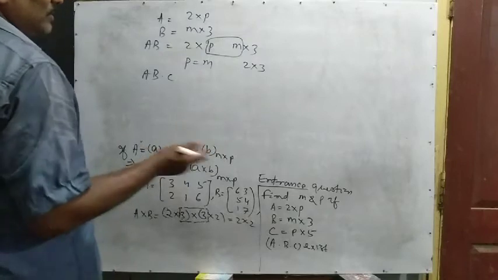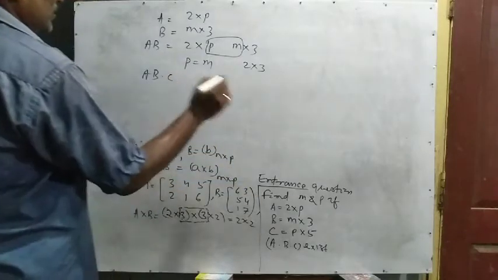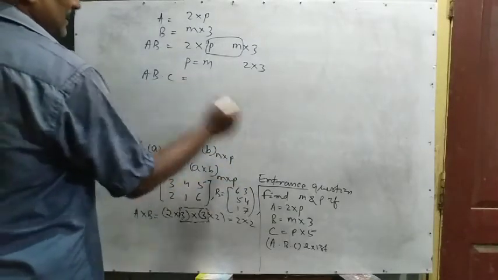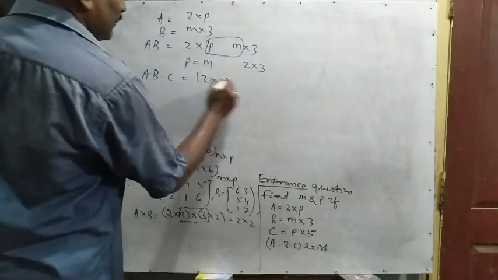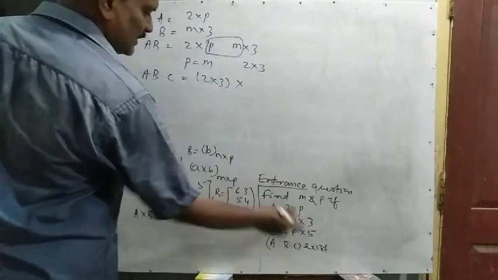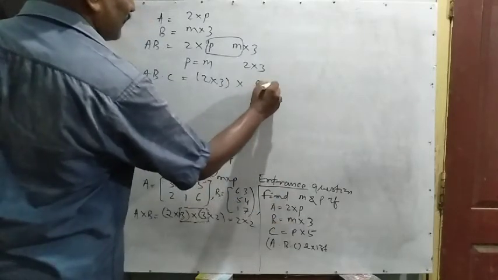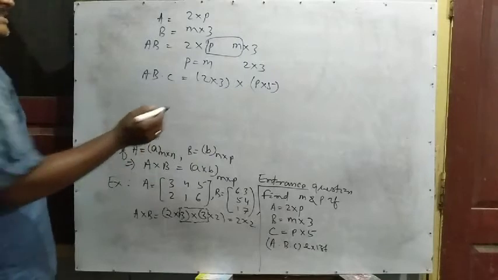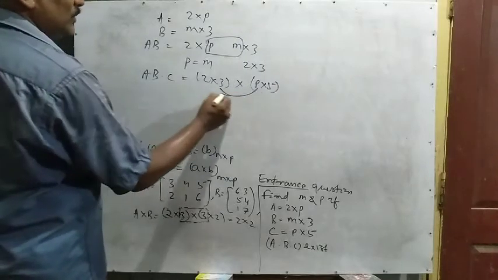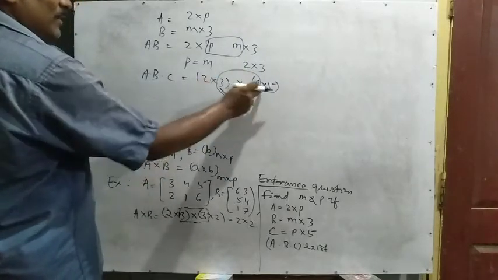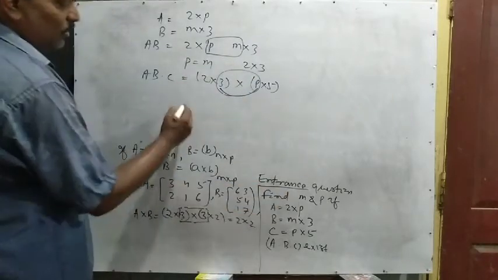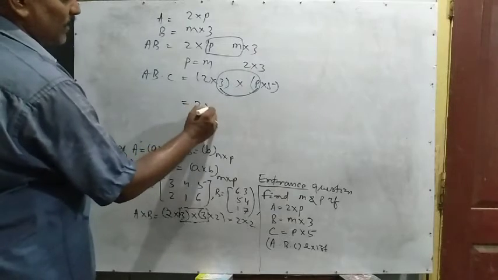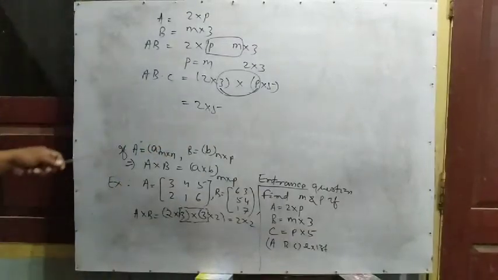AB order equals 2 by 3, multiplied with C, which is P by 5. So the multiplication is possible when P equals 3. When P equals 3, then the multiplication is possible. After multiplication, the order of the total matrix equals 2 by 5.